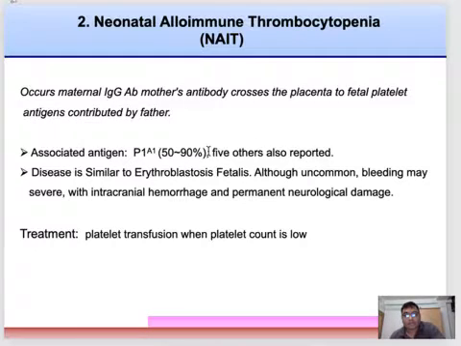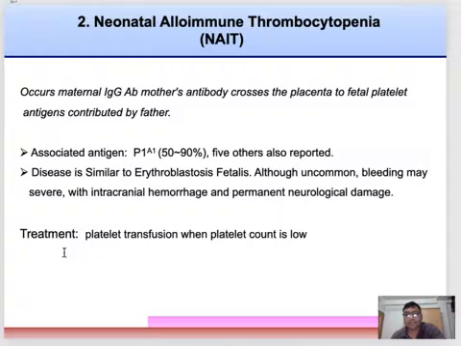Also, some five other antigens have been reported. This disease is similar to erythroblastosis fetalis, and although uncommon, bleeding may be severe, with intracranial hemorrhage and permanent neurological damage. I mean, it can cause unstoppable, very severe bleeding, which may cause permanent damage to the neonate's neurons.